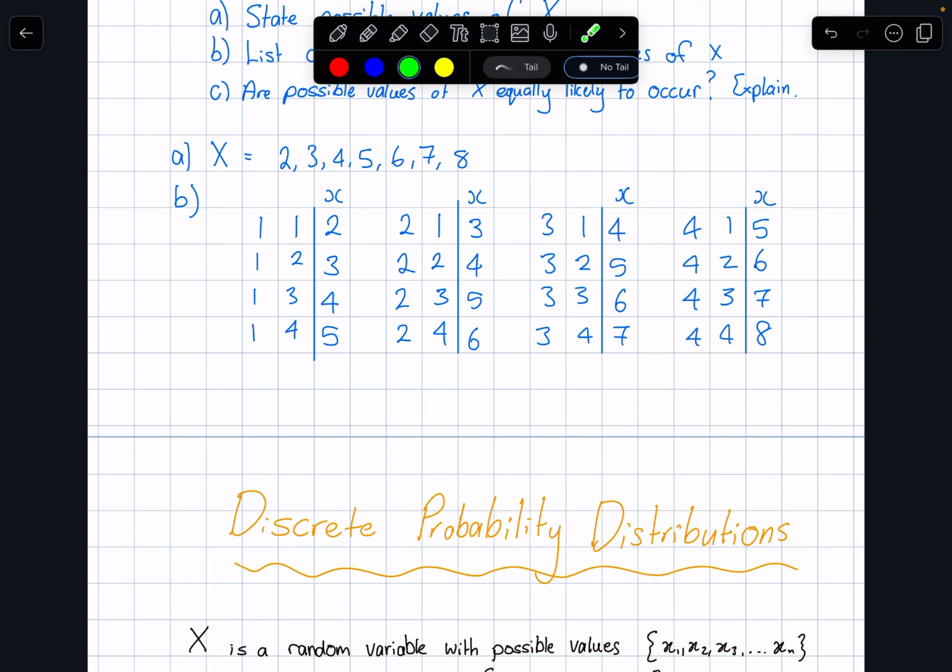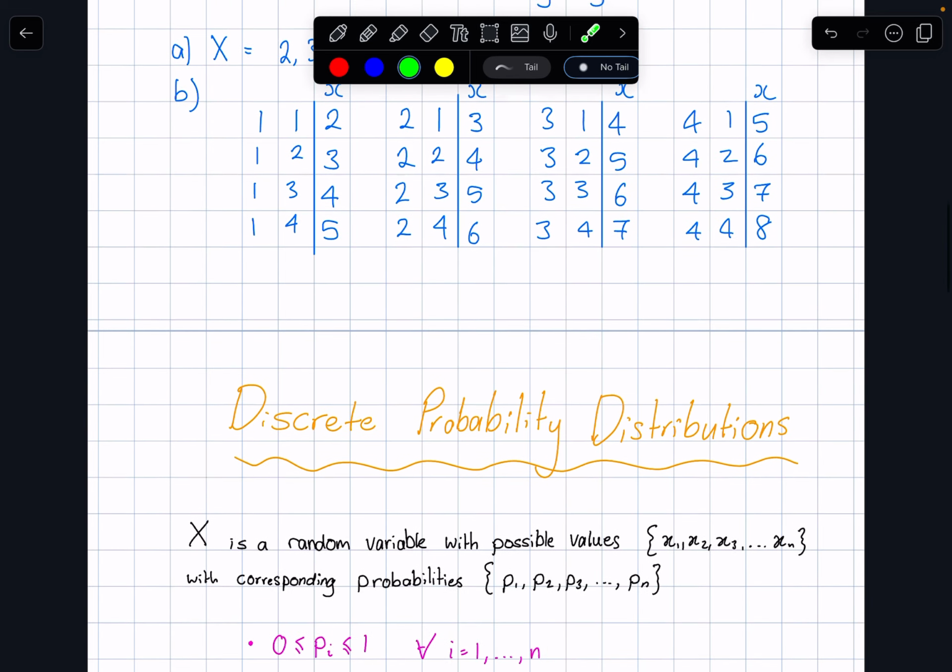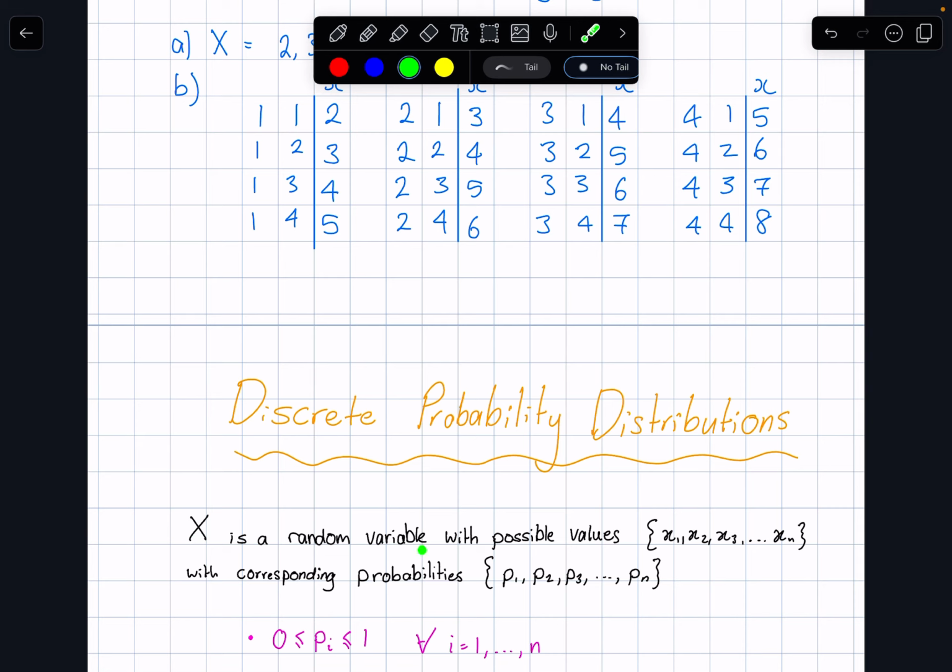What we want to look at is a discrete probability distribution, and that will show us how our event is going to be distributed. We say x is a random variable with possible values of x1, x2, x3, all the way up to xn, however many. Those values have corresponding probabilities of p1, p2, p3, all the way up to pn.